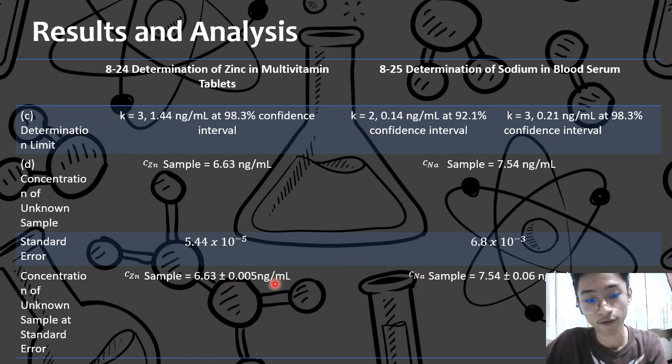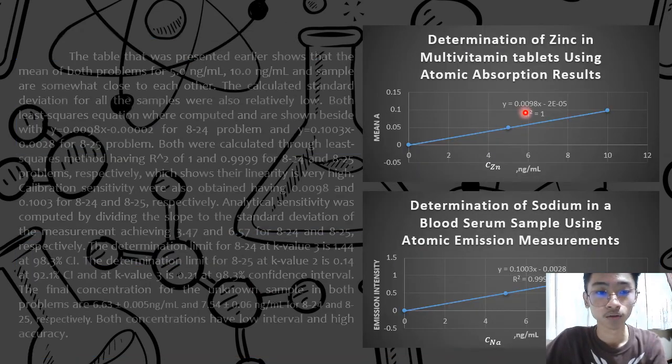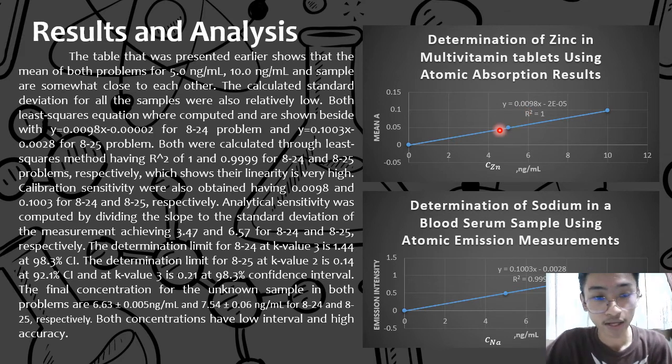They both have a low interval. The table that was presented earlier shows the means of both problems for 5, 10, and the sample are close to each other. The calculated standard deviations for all the samples were also relatively low.